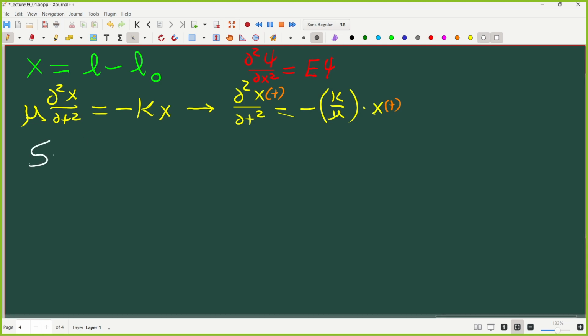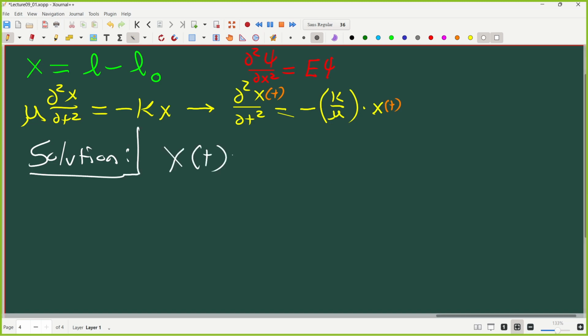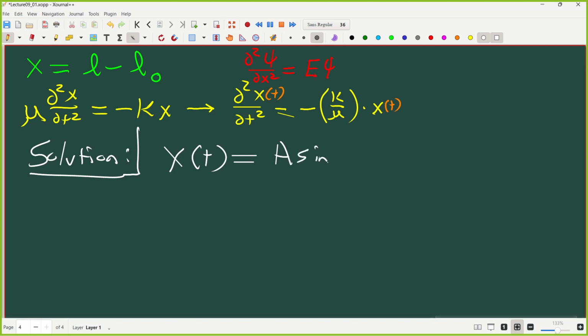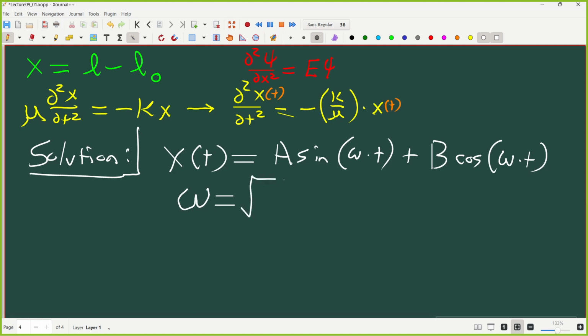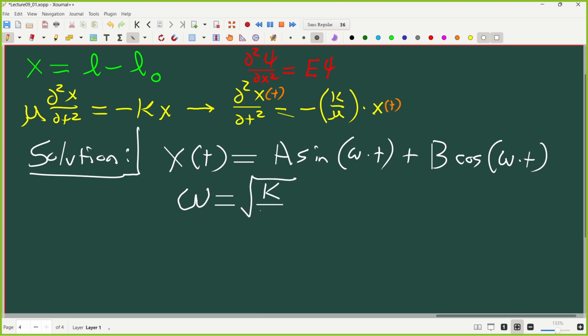So the solution to this expression is that the trajectory of our spring, the position of the spring as a function of time, is some constant a times sine of omega times t plus b cosine omega times t. And the frequency of this wave is equal to the square root of the stiffness divided by the mass of the atoms.